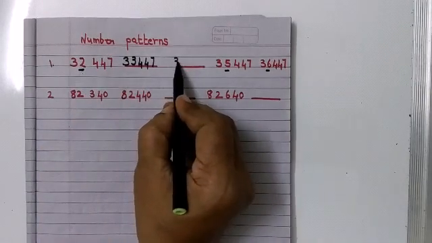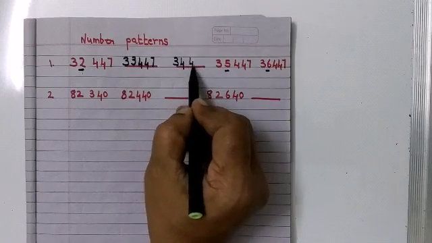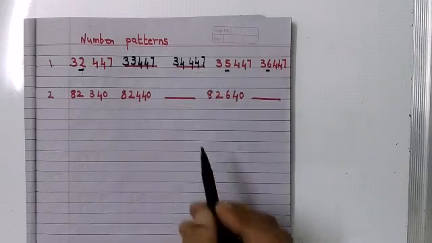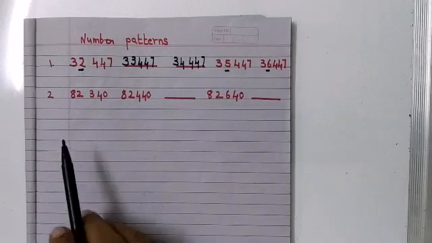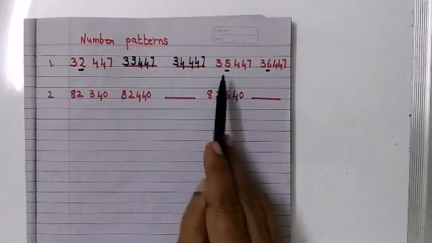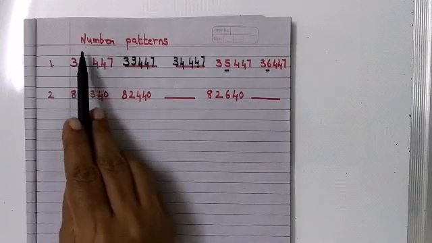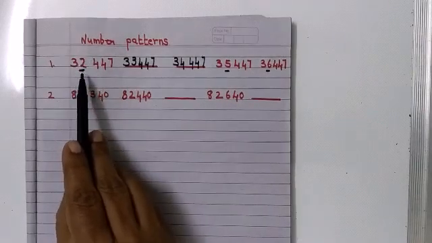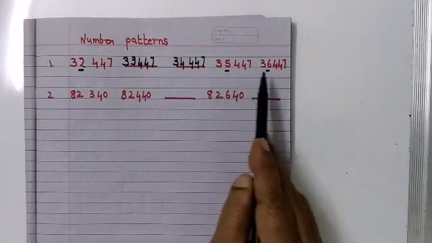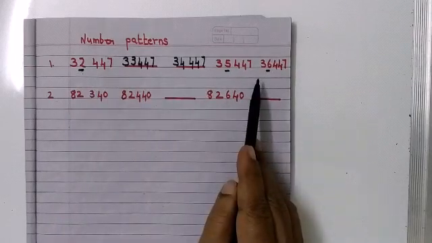So this will be 34. And then my hundreds, tens and units place will remain the same. So see this pattern, children, 32, 33, 34, 35, 36. Now you look at the thousands place. 2, then you have 3, then you have 4, then you have 5 and then you have 6. So this is your number pattern.